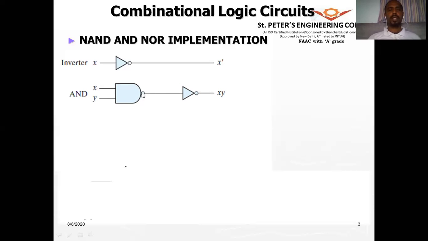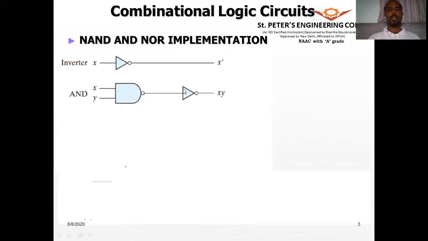So that is the NAND operation. But we want the AND operation. So the output of the NAND gate, you give it to an inverter operation. Just now we explained how an inverter can be implemented using a NAND gate. So you put another NAND gate with the 2 inputs shorted, and you will get an inverter operation.